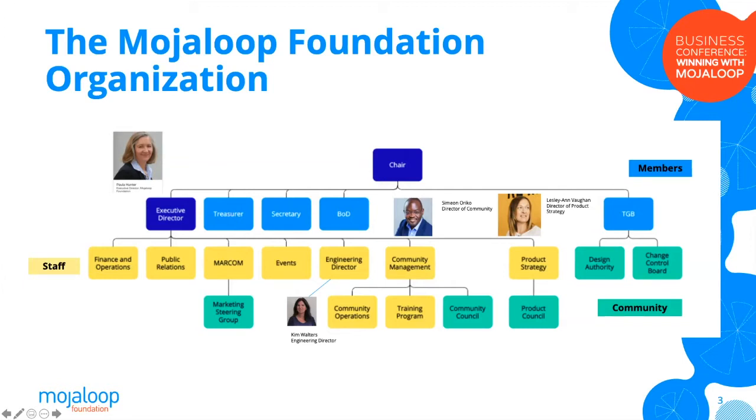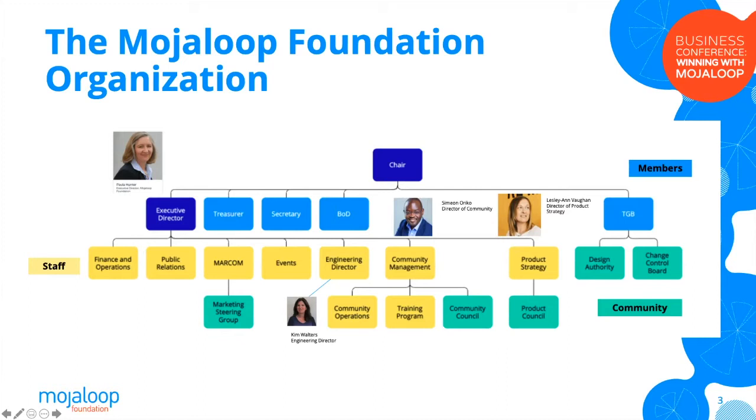We also have a technical governing board that oversees our strategic roadmap and ensures that our development work adheres to the mission of the foundation. The technical governing board is chaired by Miller Abel of the Bill and Melinda Gates Foundation, and they engage with the Design Authority and the Change Control Board, both of which are driven by community members.